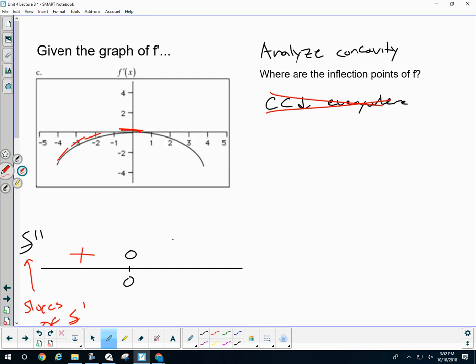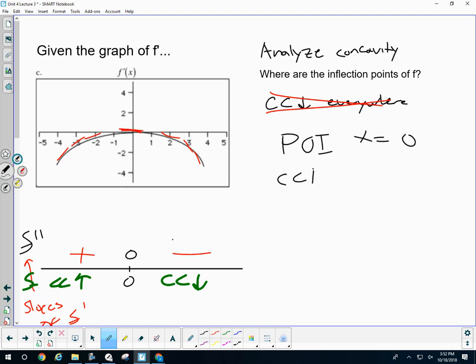They're going up from left to right. To the right, what are these slopes? Negative. This is telling me that f, the original function, is concave up, then concave down. We have a point of inflection at x equals 0.